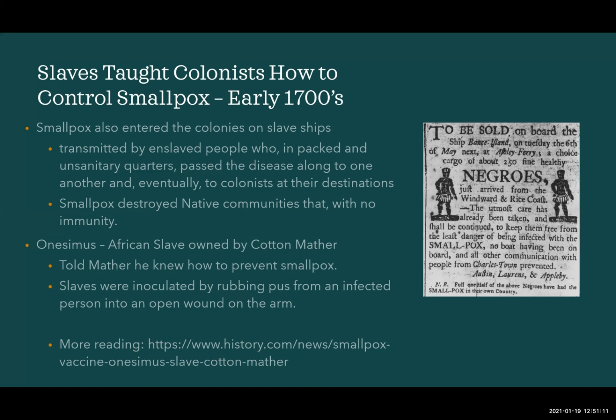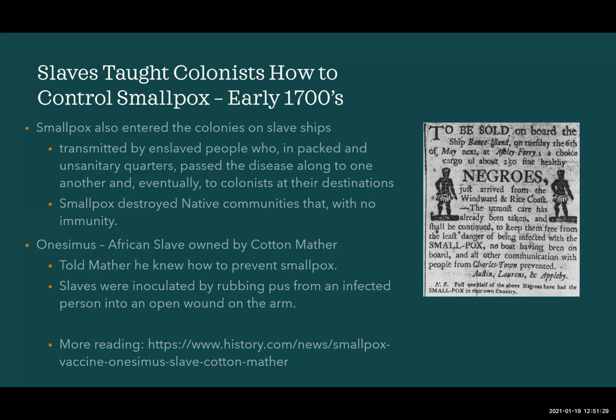Cotton Mather would love this. He wrote papers about how to prevent smallpox. He inoculated his whole family. I think he inoculated most of his village.